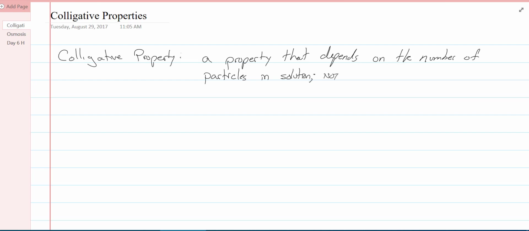So it's the number of particles in solution, not the type of particle. So it doesn't matter what the particles are, we just need to know how many there are, right? It's just how many particles there are that these properties arise from.